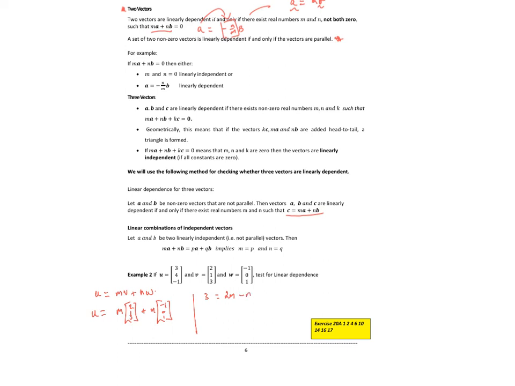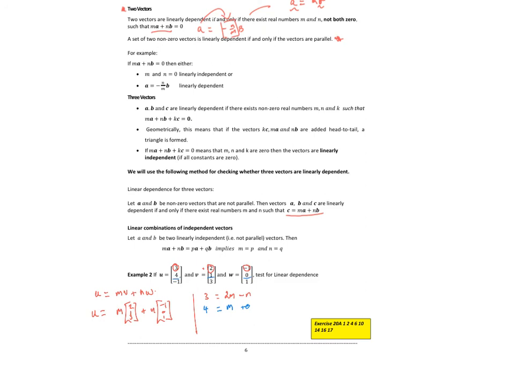So we'll go minus n. So if you like, there's my 3, 2m minus n. All right. Second element, 4 is equal to mv, which is m, plus n times 0, which is 0. So that's those elements.